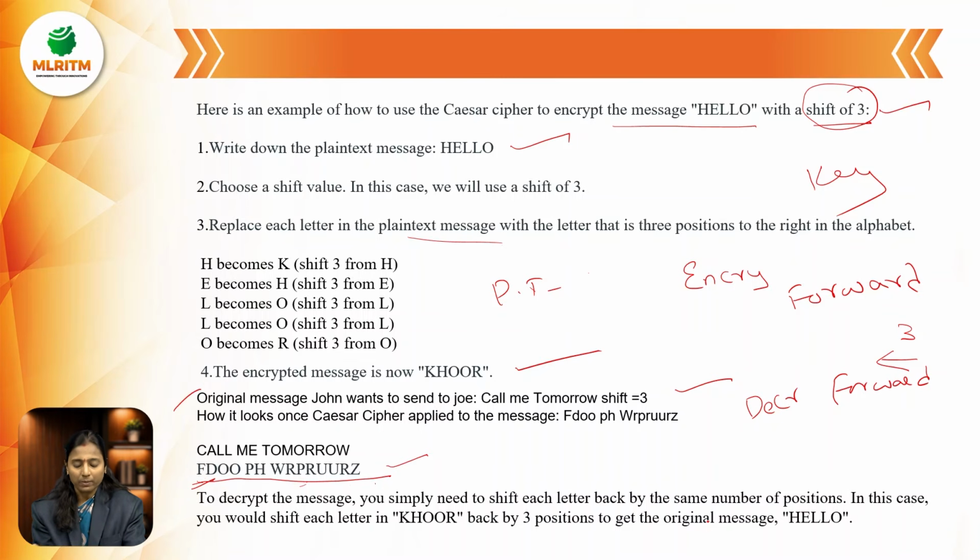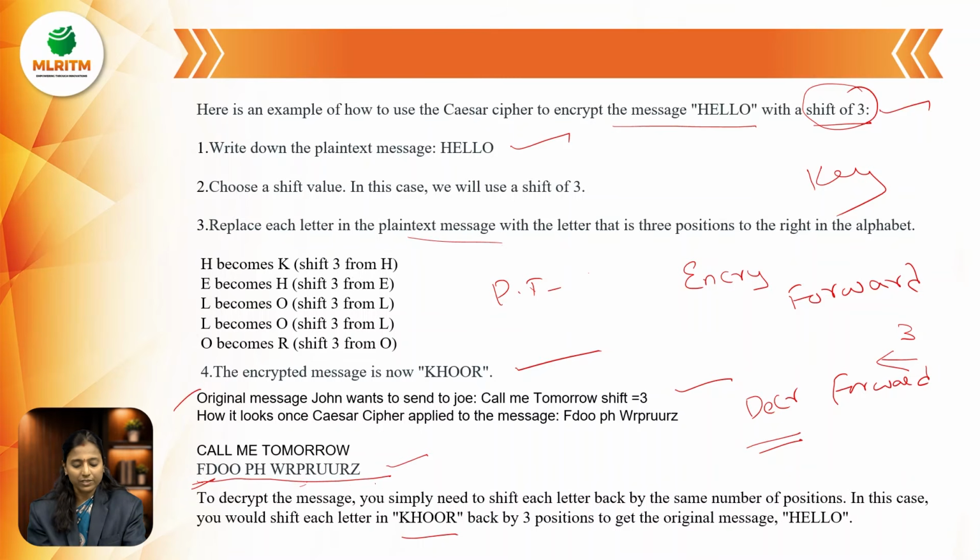The cipher text is converted to the plain text. That is called decryption. For example, take KHOOR. This KHOOR is shifted back by 3 positions to get the original message.